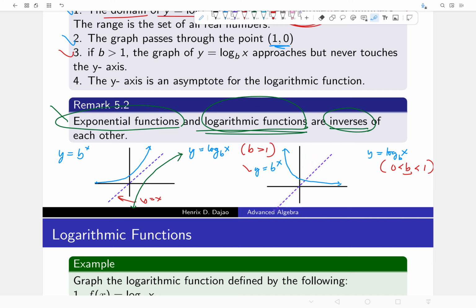To find the reflection of this with respect to this line, of course you're going to use this one, and then draw a reflection.